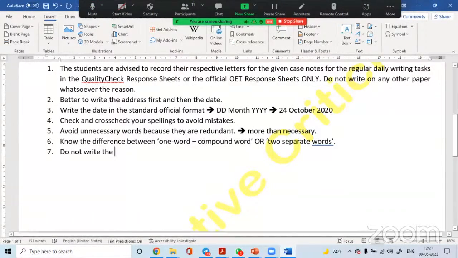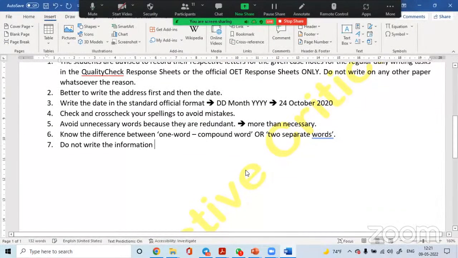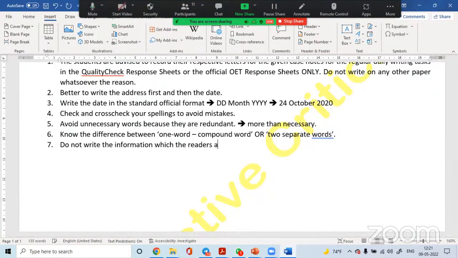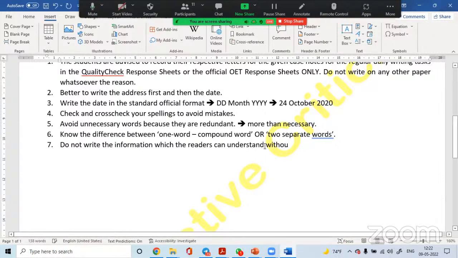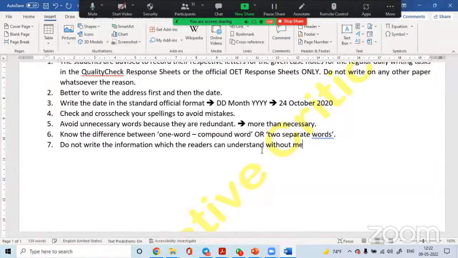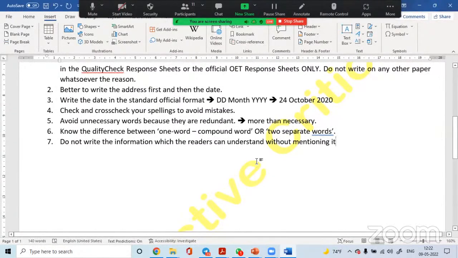Do not write the information which the readers can understand without your mentioning it.